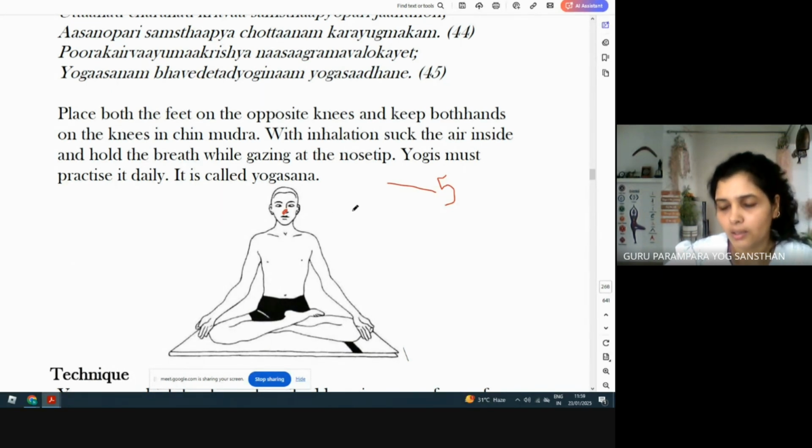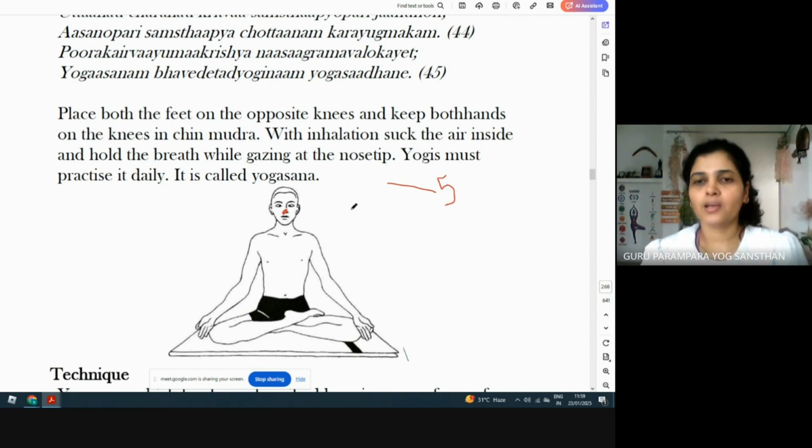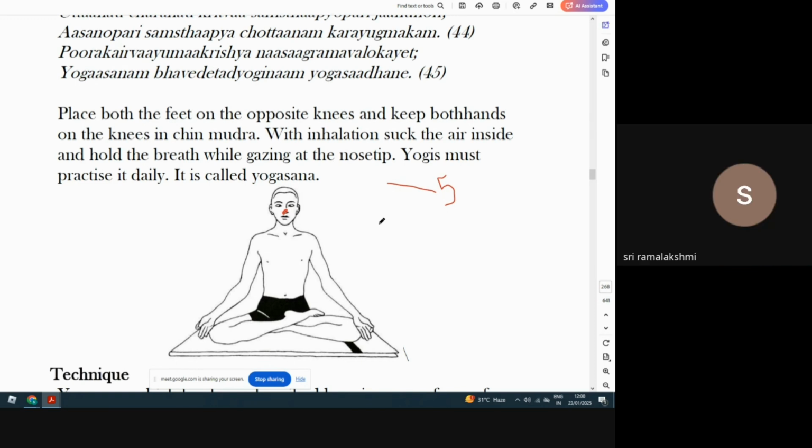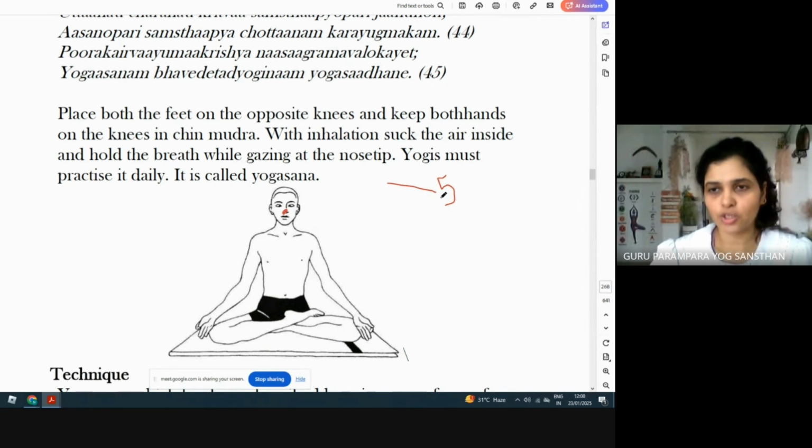For a quick revision, which two asanas have Bhumadya Drishti, between your brows? Today only we read. Siddhasana, Matsyasana. Very nice. And as I mentioned, these 5 asanas have Nasagra Drishti.